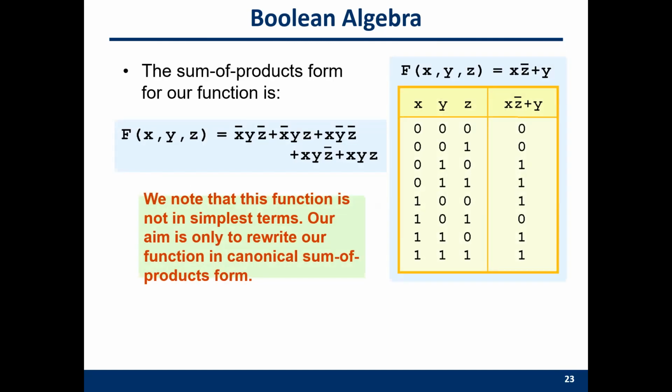For the product of sums, you just pick up the rows which can generate a 0, and write each row into an OR form, and then AND them together. But here we just focus on the sum of products.